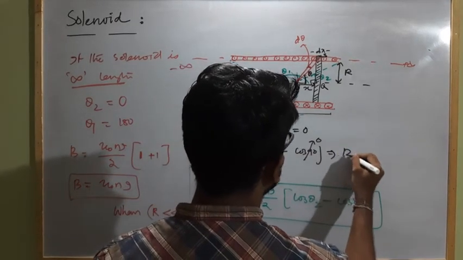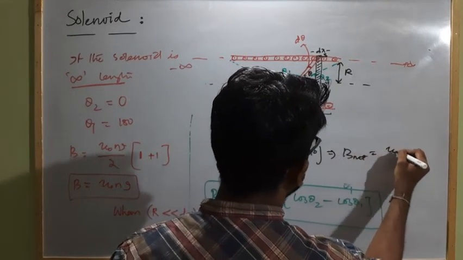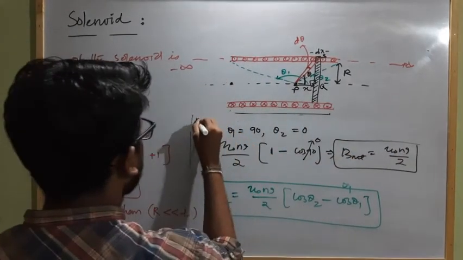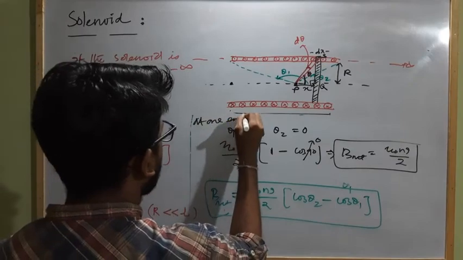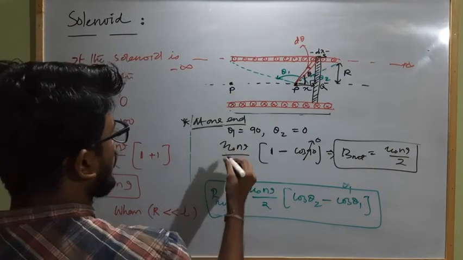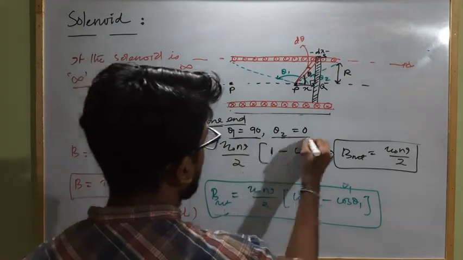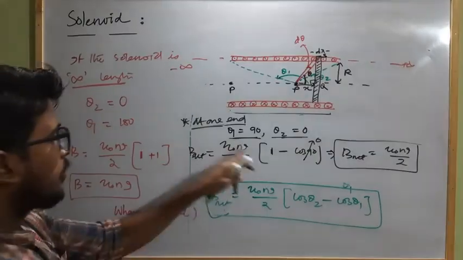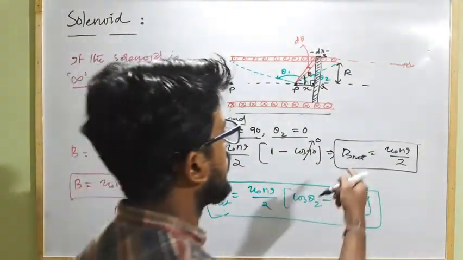So B net will be mu naught Ni by 2. This is at one end. If this is point P at one end, theta 1 will be 90, theta 2 will be 0, and B net will be mu naught Ni by 2 into 1 minus cos 90, that is mu naught Ni by 2.